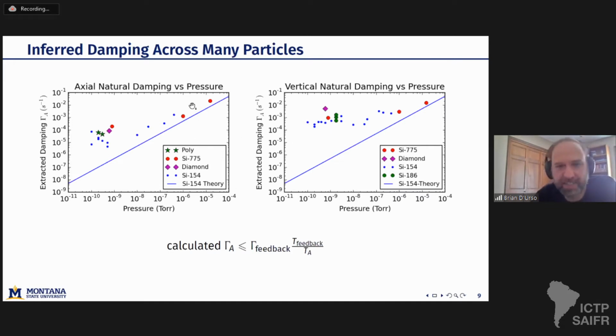And we see, as expected, the damping decreases with pressure, but in both degrees of freedom, it seems to flatten out at some point and stop decreasing with pressure. And this might be because there's some other damping mechanism that's kicking in other than background gas, or it might be due to some limitations of our feedback cooling process, because these dampings come, in fact, from assuming that the damping rate with feedback cooling times the temperature with feedback cooling is the same as the natural damping rate times the natural temperature.